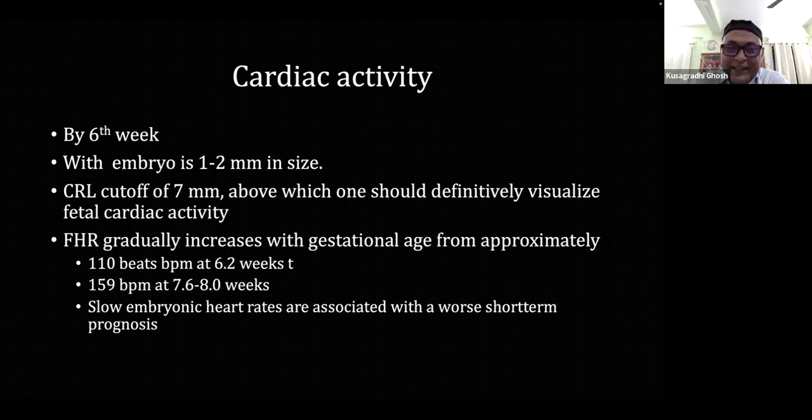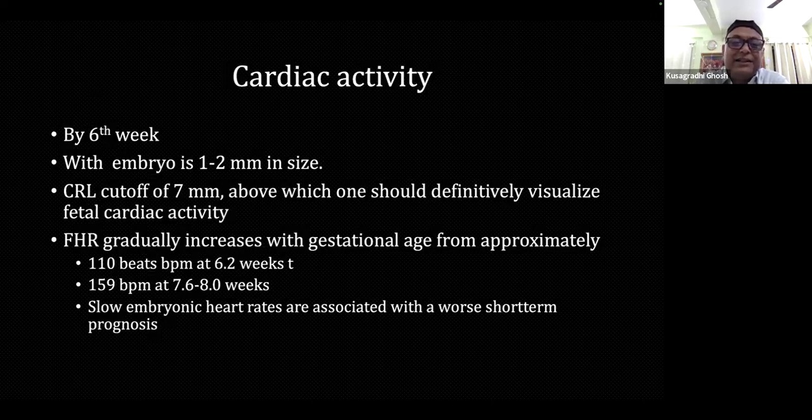But yes, over 99.7 or some percentage of fetal hearts should show activity by 5 millimeter, but there are cases beyond that, and therefore the limit of 7 millimeter has been kept to be absolutely sure that we are not doing any harm to anybody by clearing an otherwise viable pregnancy.